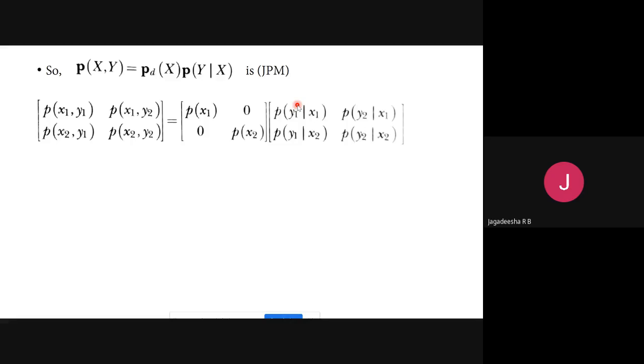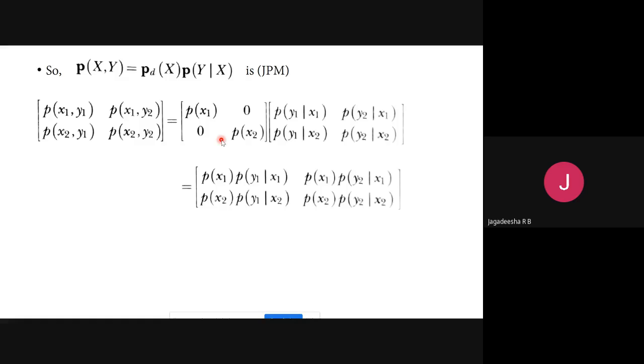Or the conditional probability of getting y1 or getting y2 for a specific input x1, and probability of getting y1 or y2 for a specific input x2, right? So basically this equation is substituted with the appropriate terms here.